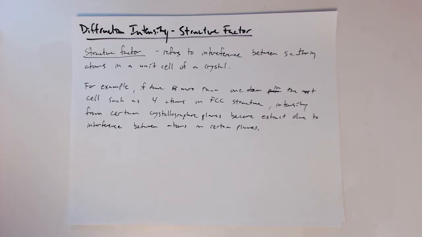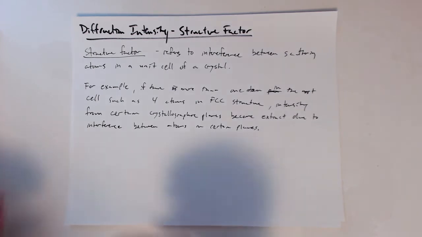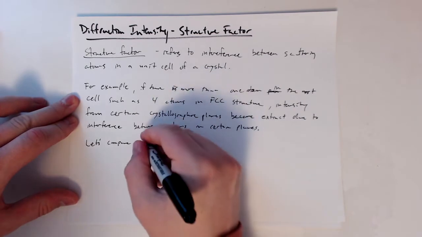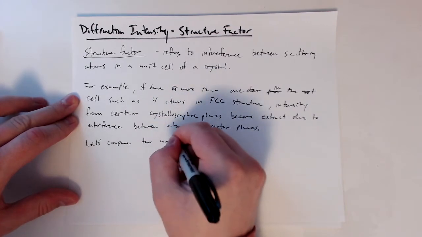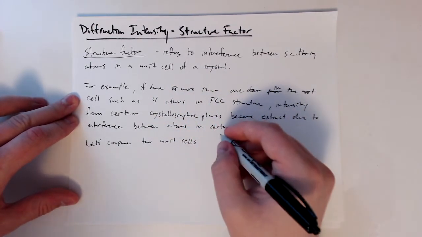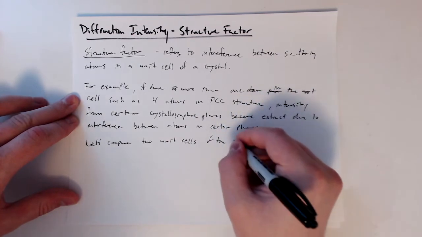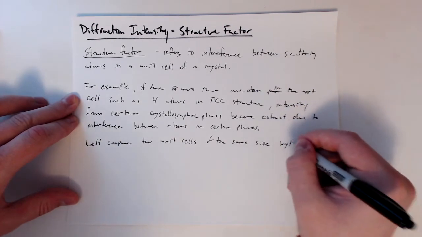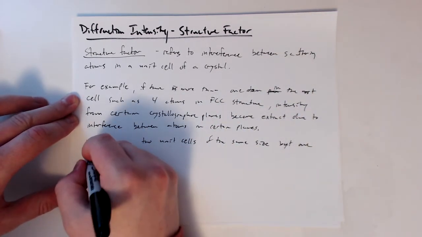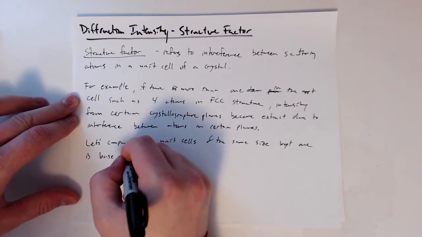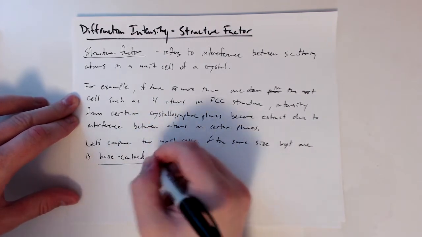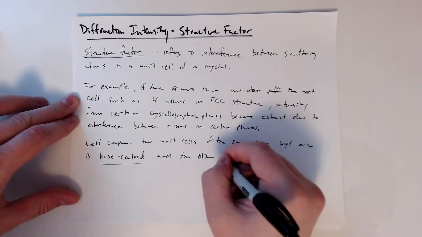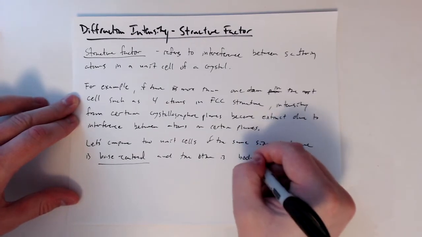To do this, we're going to compare a couple different structures. So let's compare 2 unit cells of the same size, but one is what we call base-centered, and the other is body-centered.